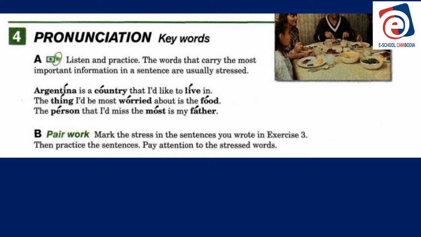Our voice goes up and down, we pause and then begin again, and we stress syllables, of course, and we stress certain words in the sentence. We stress the important words. The words that we stress usually have the most important information in the sentence. Listen to how I say these, and you see the stress marks above the words that we stress.